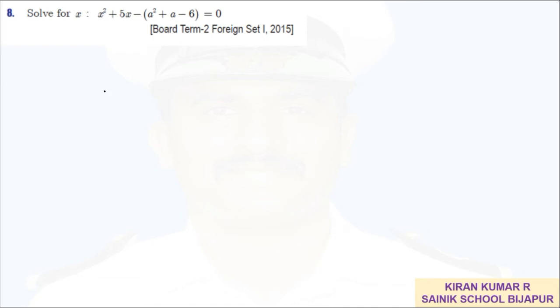Let me use the quadratic formula. x will be equal to, the formula is minus b plus or minus root of b square minus 4ac, divided by 2a.